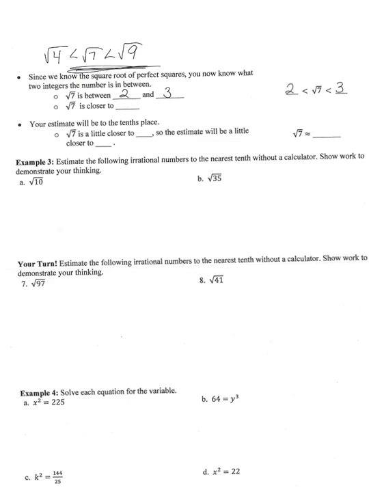So I would say, and again, keep in mind, this is an estimate, but we know that it's closer to 3. And so we're just going to estimate to the 10th place. So it's a little closer to 3.